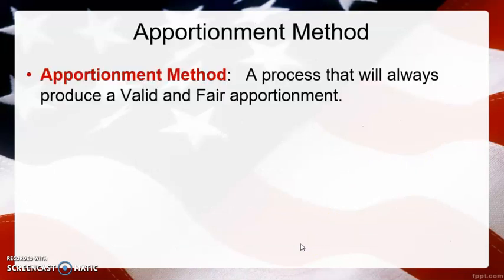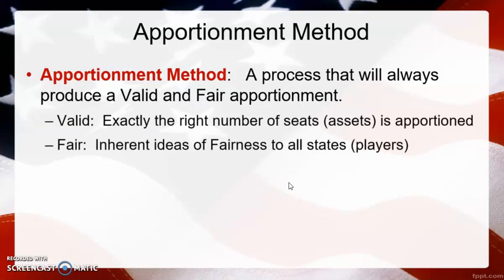So when we're working with apportionment, just like with most of the things that we do in math, we have to have some method, some set of steps or processes that we're going to follow in order to find a fair apportionment. So an apportionment method simply refers to a process that will always produce a valid and fair apportionment.